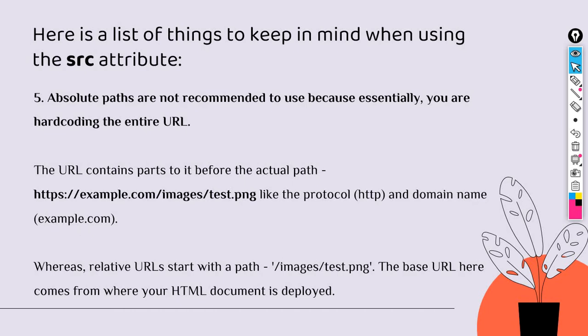Whereas relative URLs start with a path, such as this one, and the base URL here comes from where your HTML is deployed. This is easier to maintain, so it will work on localhost or if you switch domain names without requiring any changes.